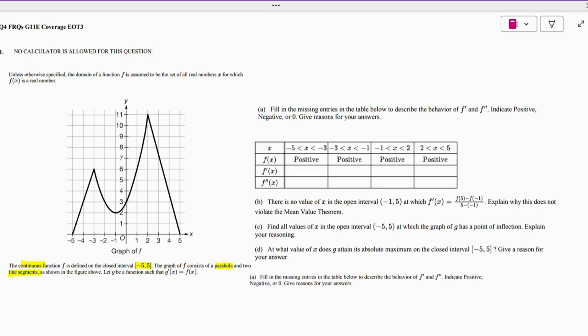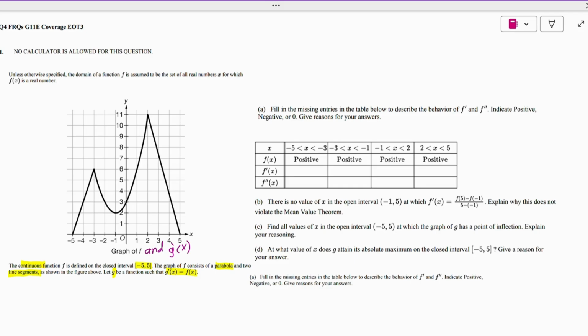And also there is another function called g. It's defined as g prime of x is the same as f of x. That is, this is the graph of f, and at the same time it is the graph of g prime of x. We really need to understand this. This is the graph of f and the graph of g prime of x at the same time.